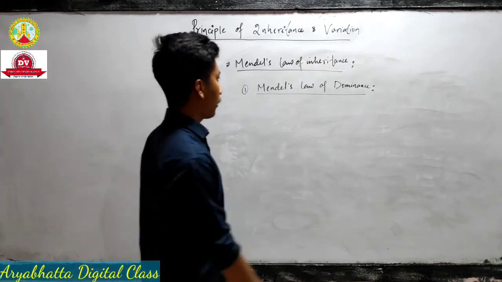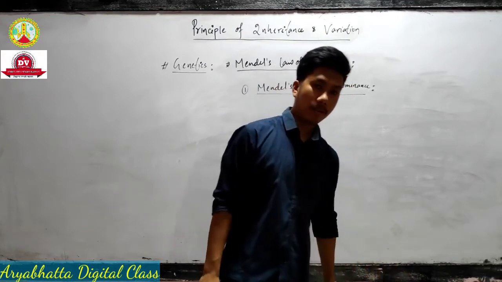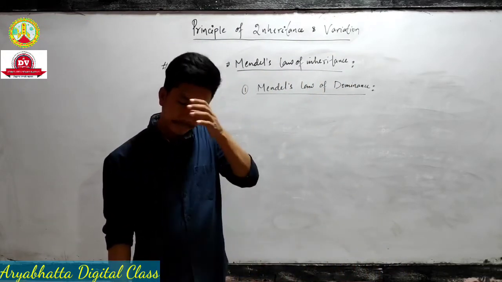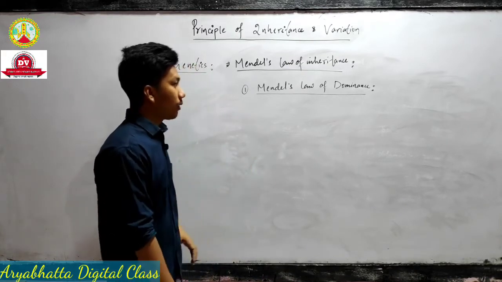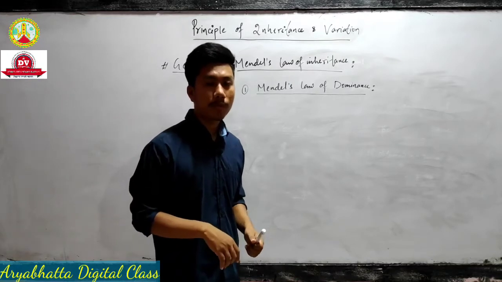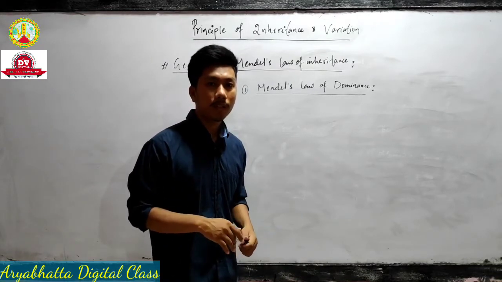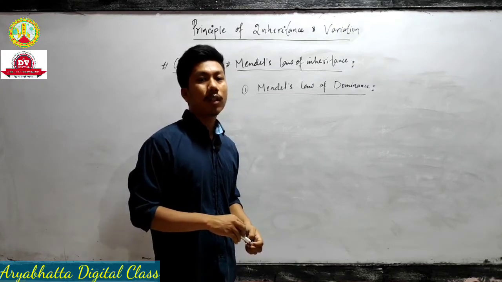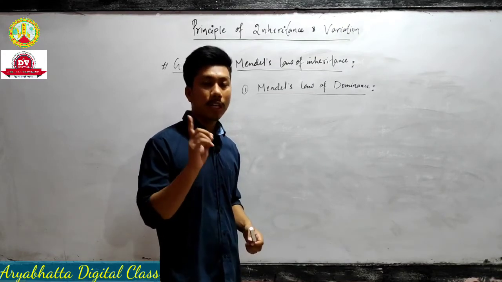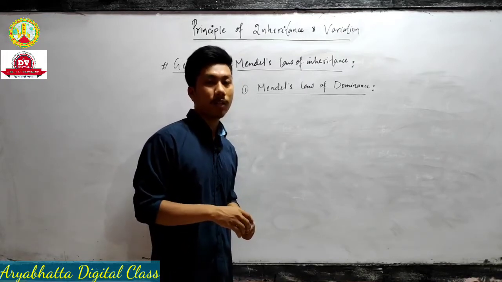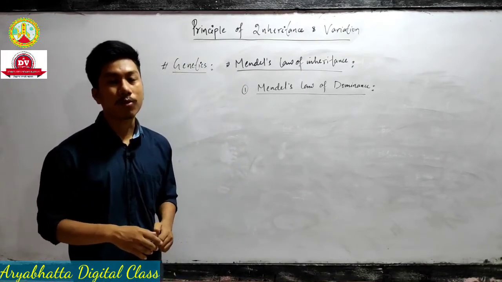So what does Mendel's law of dominance say? Mendel's law of dominance states that when two contrasting alleles of a character come together in one organism, only one is expressed and shows visible effect.